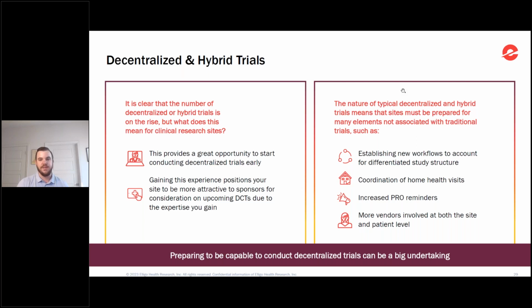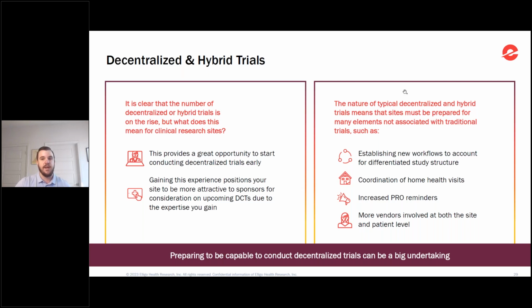And again, when we're talking about decentralized trials, that's really going to be a very broad definition. So for a hybrid trial, for example, that could be anything from, if there's 10 study visits, that 8 of them are on site to 8 of them are either telehealth or home health type services.